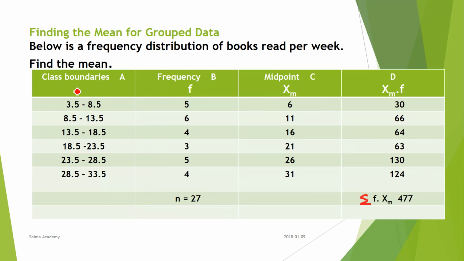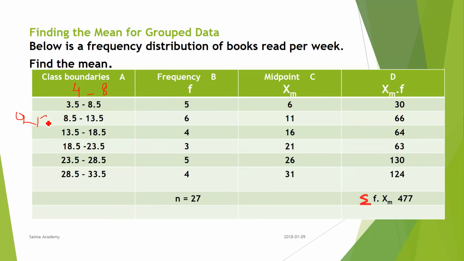So the first class is from 4 to 8. And how will you make the boundaries? We have discussed in lesson number 1. You have to subtract 0.5. So when we subtract 0.5, it will be 3.5. Here you have to add 0.5, so 8.5. So next is from 9. This class is from 9 to 13.